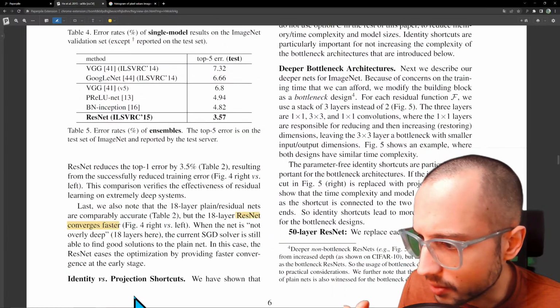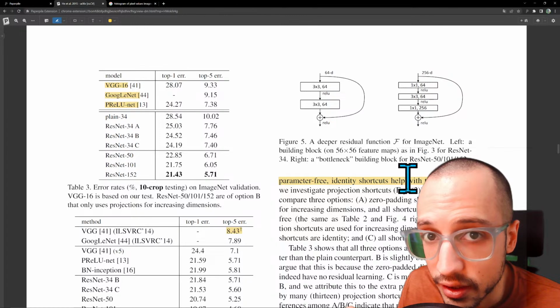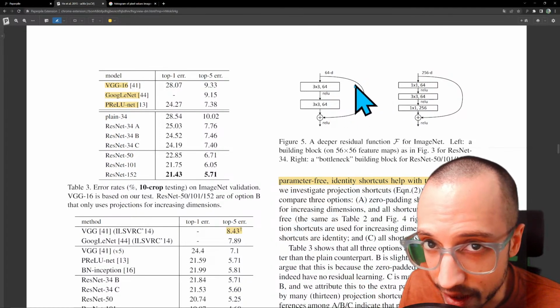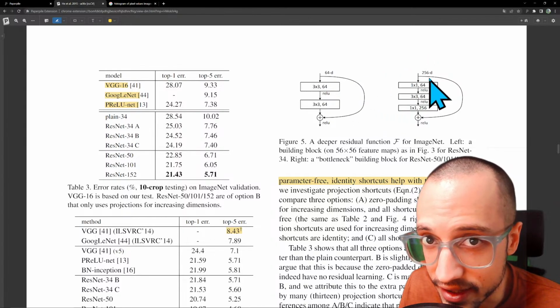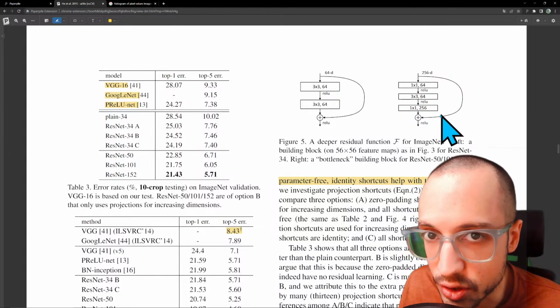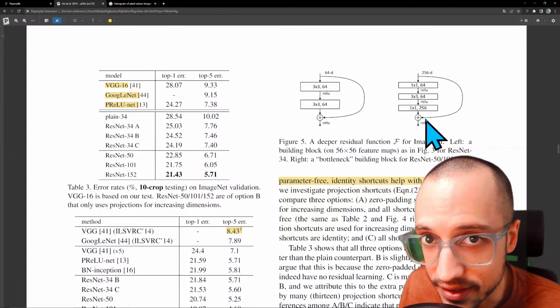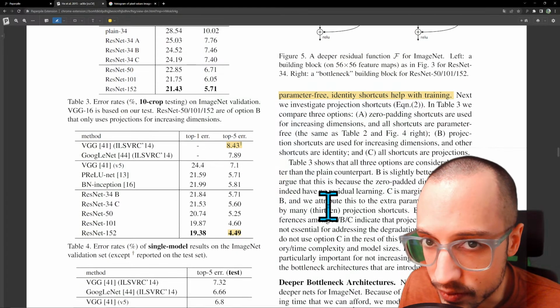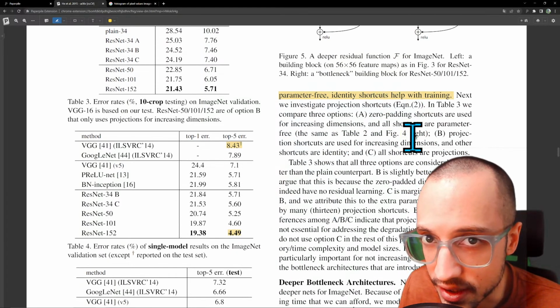And projection shortcuts are the ones where they have some additional parameters here. So basically they're taking whatever this is, 256 dimensional, and mapping it to 512 dimensional so that they can add it here. Right, and they're seeing, okay, well, is there a difference here?